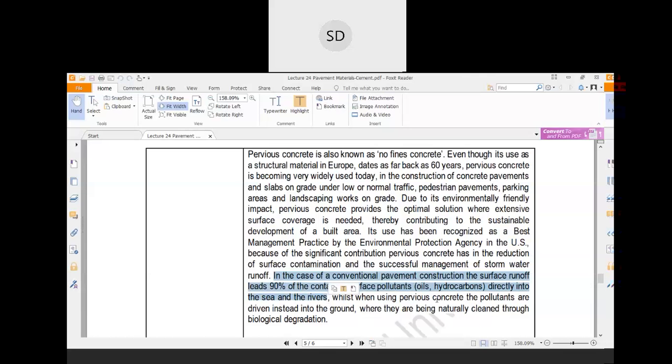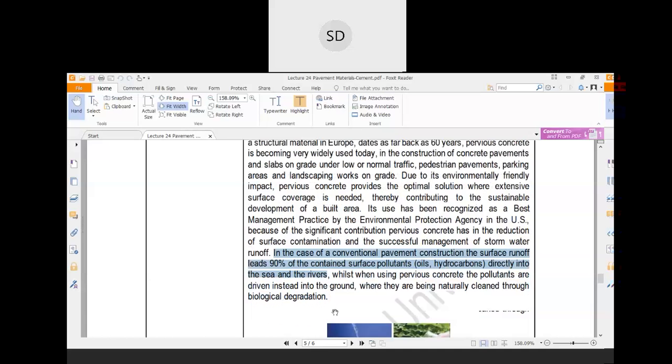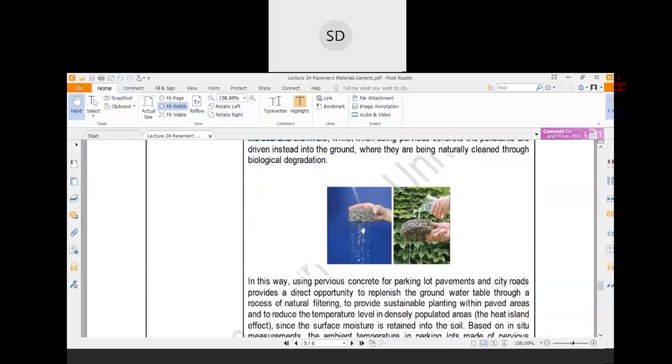While when we use pervious concrete, the pollutants are driven instead into the ground where they are naturally cleaned through biological degradation and natural filtration. So this is basically a pervious concrete where water can easily penetrate through it.